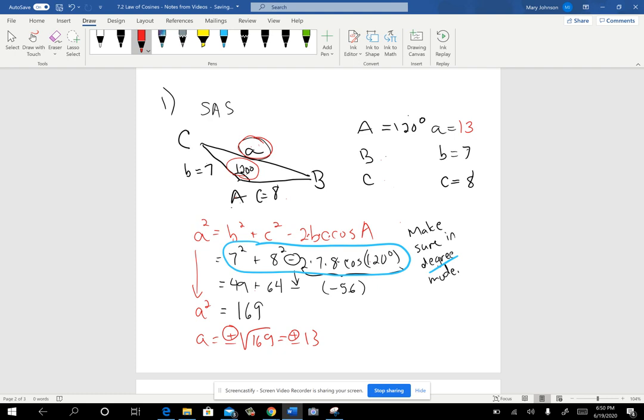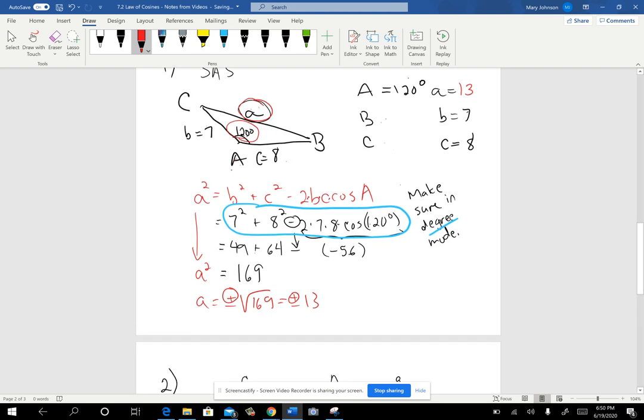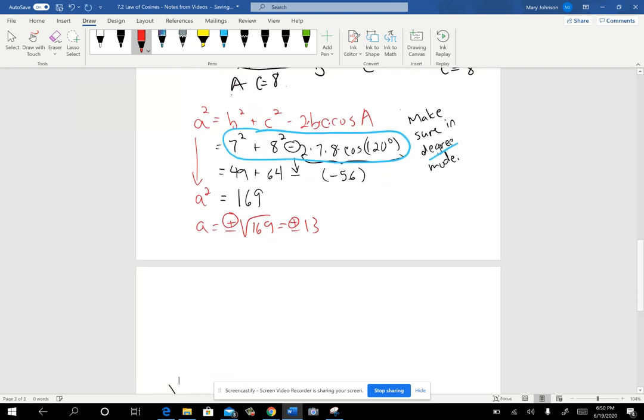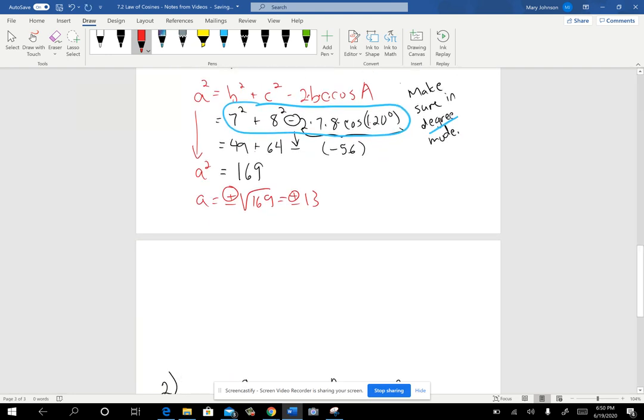And when you do the inverse sine of something, we found out with the law of sines that you sometimes have to consider the angle not just in the first quadrant, but the one in the second quadrant as well. Well, with this one, it won't be so bad because I already have the obtuse angle and there cannot be more than one of them. So I don't have to worry about whether I need to use the angle in the second quadrant or not. So let me just get a little more room and we'll finish this problem doing the law of sines.